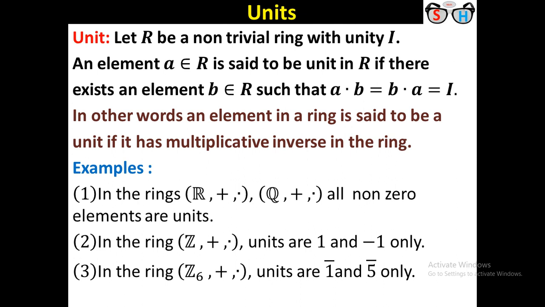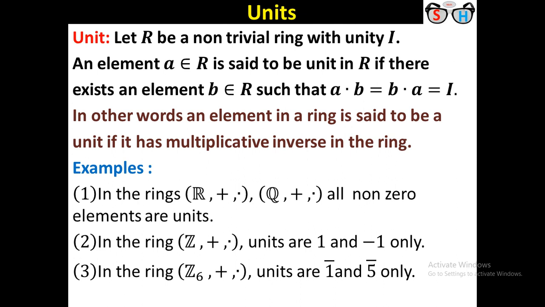But for 2 bar you cannot find any element in Z6 such that 2 bar dot that element is 1 bar. Just check it. 2 bar dot 0 bar is 0 bar, not equal to 1 bar. 2 bar dot 1 bar is 2 bar, that is not equal to 1 bar. 2 bar dot 3 bar, that is 6 bar, equal to 0 bar, that is not equal to 1.